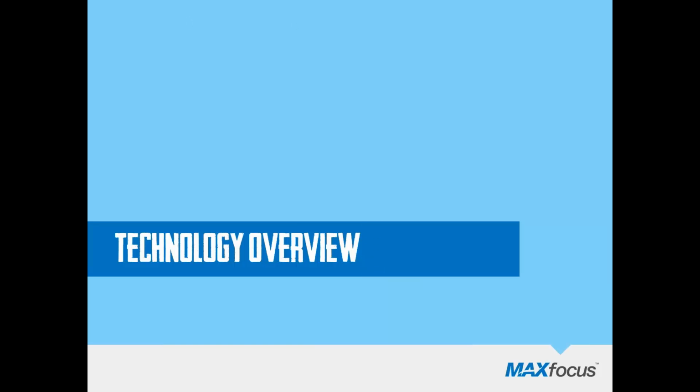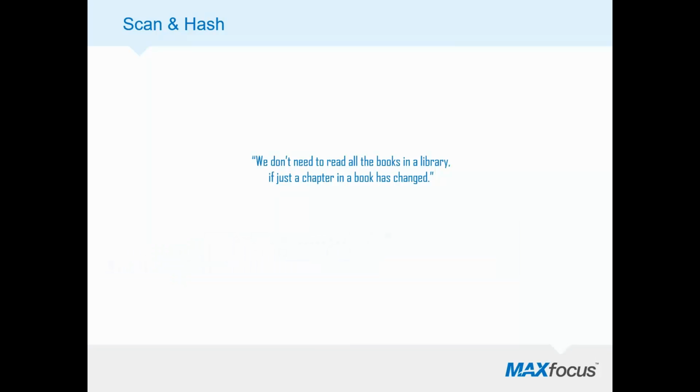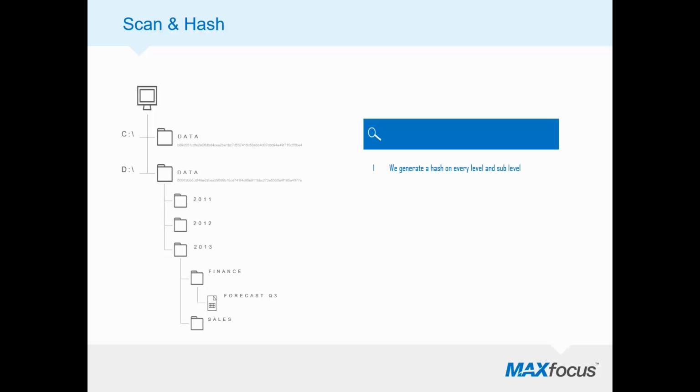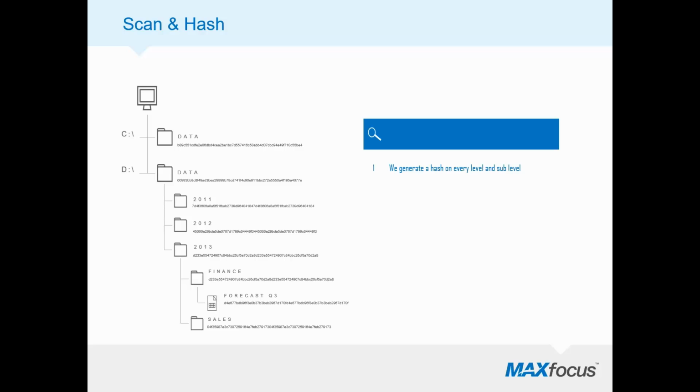All right, let's look at some of the technology that makes Max Backup unique. I like to think of our technology like this: we don't need to read all the books in the library if just a chapter in a book has changed. So we don't need to send your whole files over and over again. Once you've made a selection set, selecting the data you want backed up, we assign a 256-bit Havel hash code to that data, and we upload that core set of data.